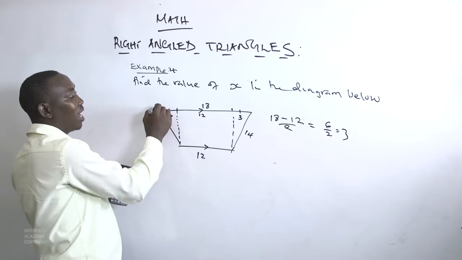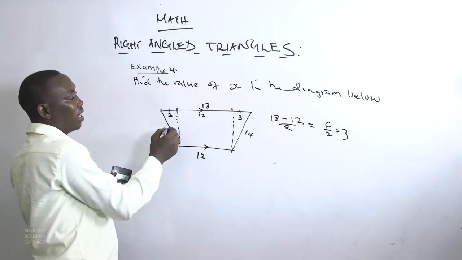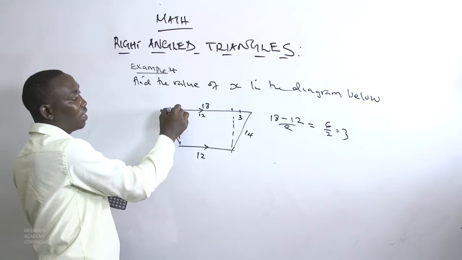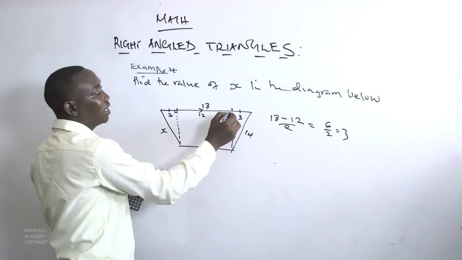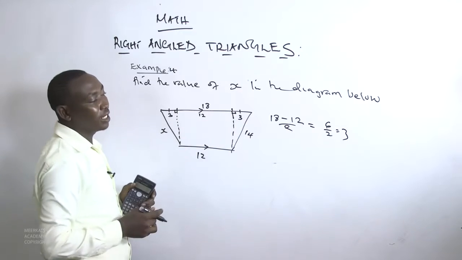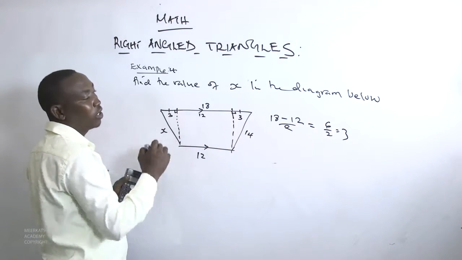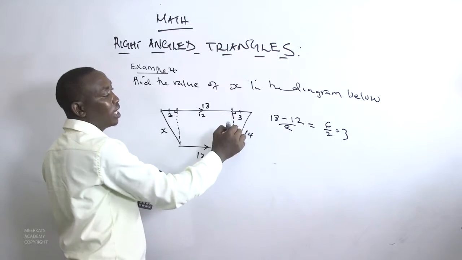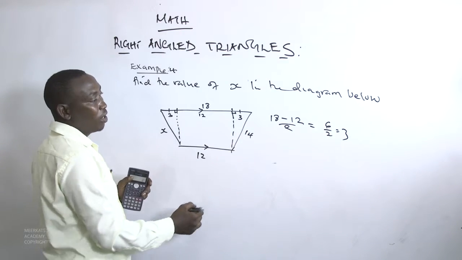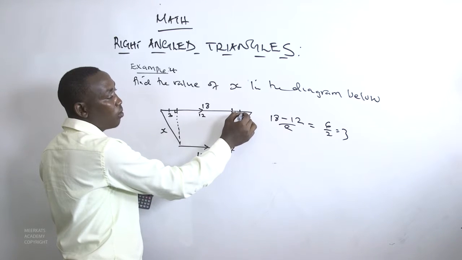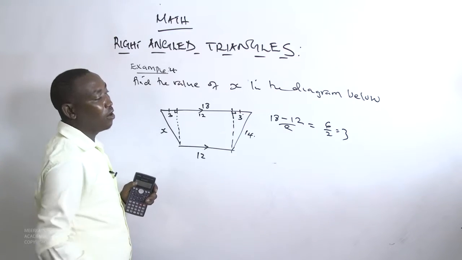And because we need to find the value of x, we need to know what this other value is, because this forms a right angle, also this forms a right angle. For us to be able to know the height of this small triangle, we can use the other side of the triangle, because it has two sides, one short side and the long side.